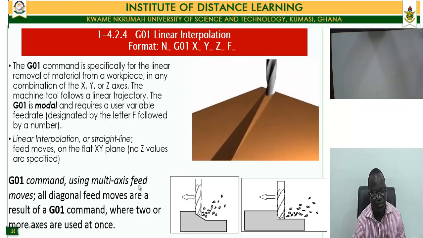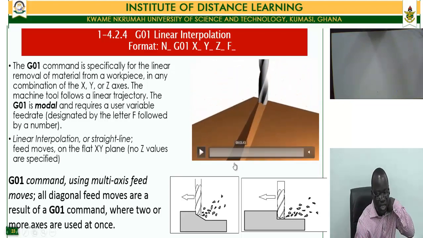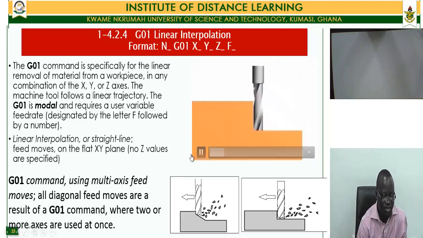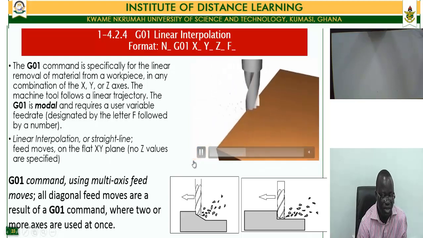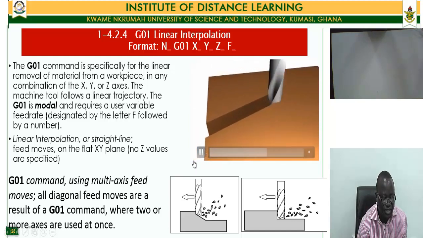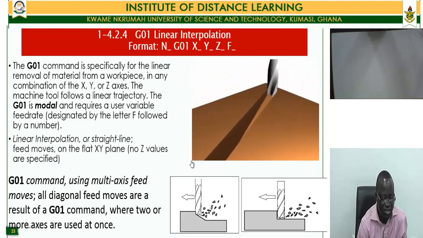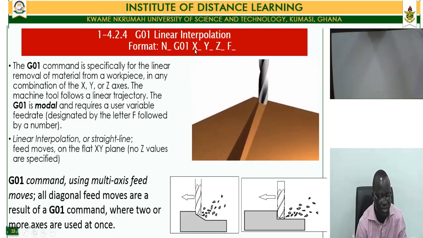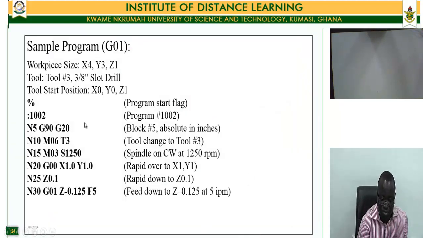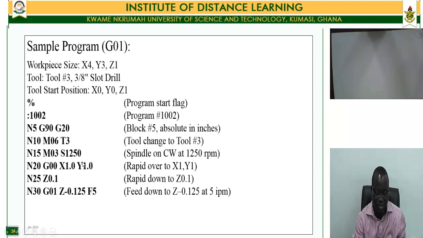So for instance, if you have a sample program, all these parts we have really talked about, but if we give a G01 command, that's the last command down here, G01 Z minus 0.125 F5, then it means we are feeding down in the Z direction at a feed rate of 5 inches per minute.